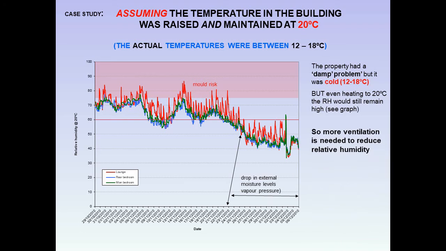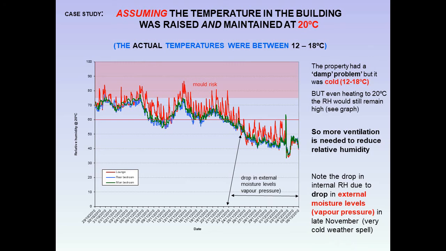So basically, more ventilation is needed to reduce the relative humidity. However, it is interesting to note that at the end of November onwards, our relative humidity dropped dramatically. So why was this? It was simply due to external moisture levels dropping. Remember, the external levels of moisture influence the levels of moisture internally, and it dropped quite dramatically simply because it was so cold for that long period externally.